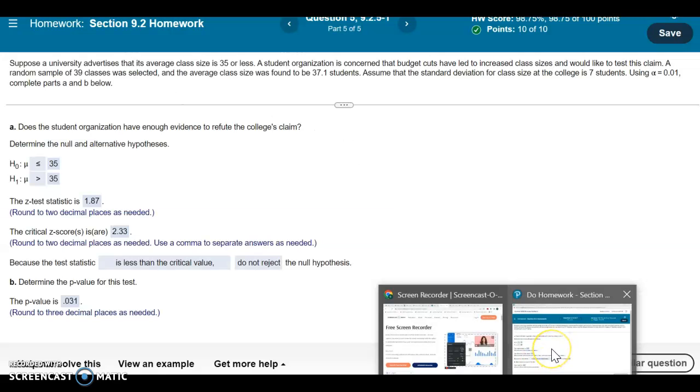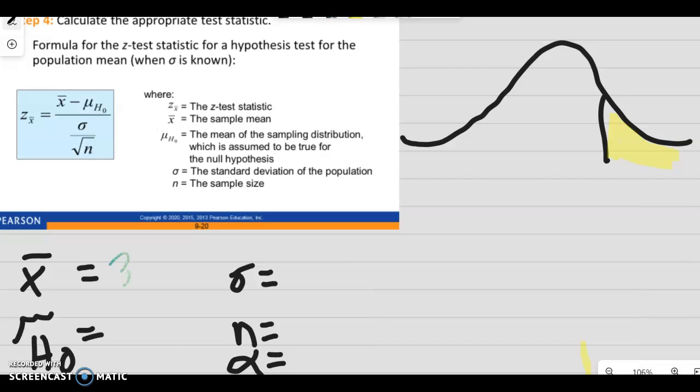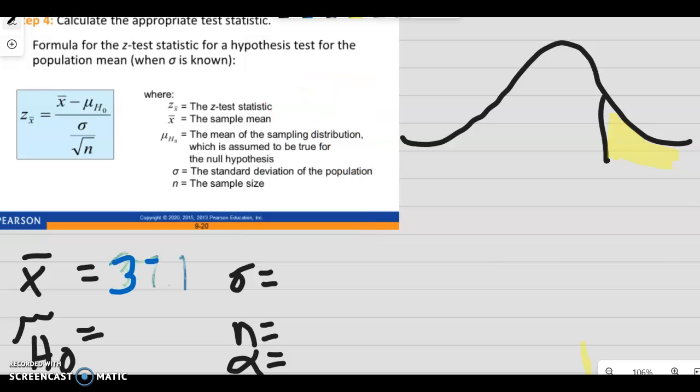I'm just going to double check. Okay, yeah. 37.1. I'm going to try a different color here.